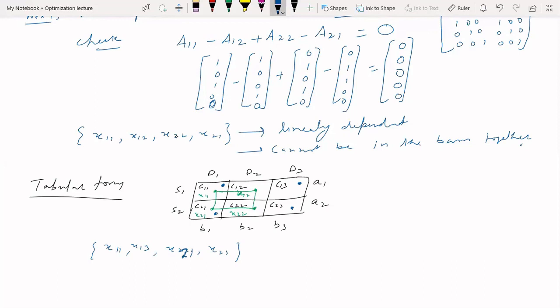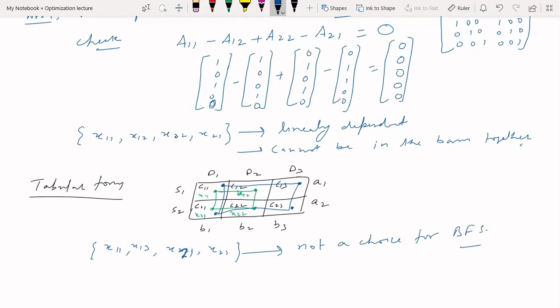Again, if I draw horizontal and vertical lines, I see they make a closed loop type structure. So that means this will also not be a choice for a basic feasible solution. Why?